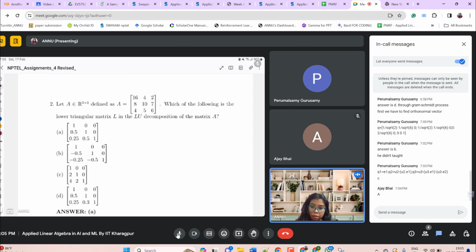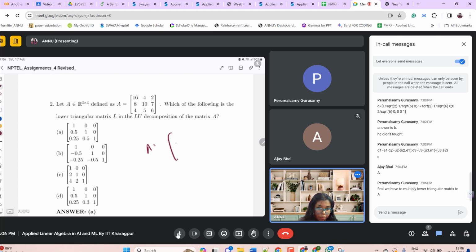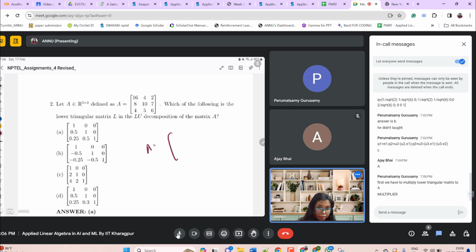Answer is 1, 2, 4, 5, and try very much. First, we have to multiply the lower triangular matrix to A. That is checking only, right? But is there any way to just get the exact answer? Yeah, you're checking, right?